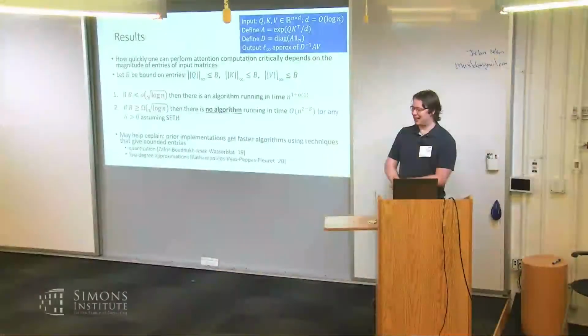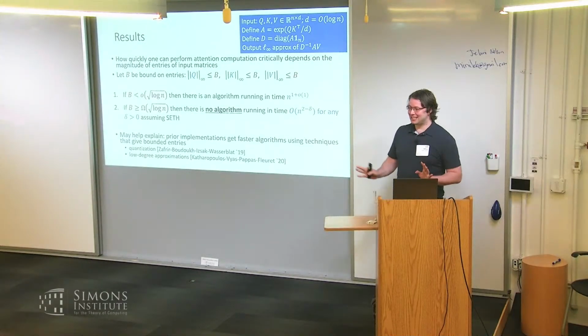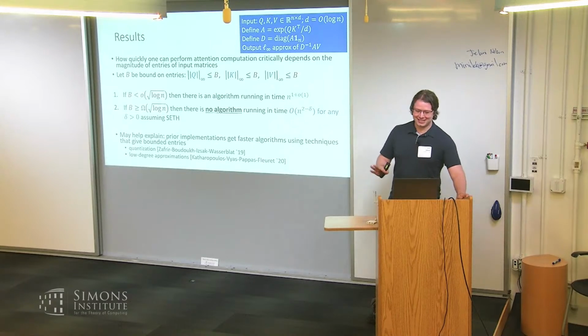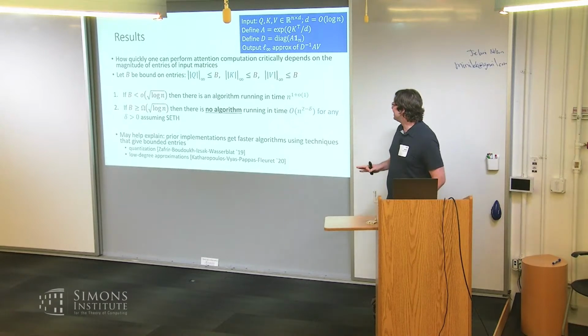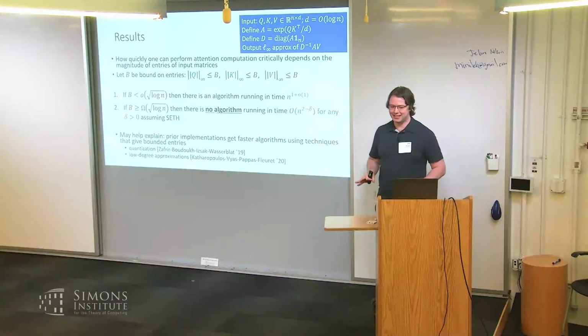I think this is under the assumption that D, the dimension, is order log n. Yeah, that's right. How fast does this break if you scale D up? Very quickly. Depending on exactly what you want, you can use dimensionality reduction to kind of assume it. The question is how important is this dimension, that D is log n?